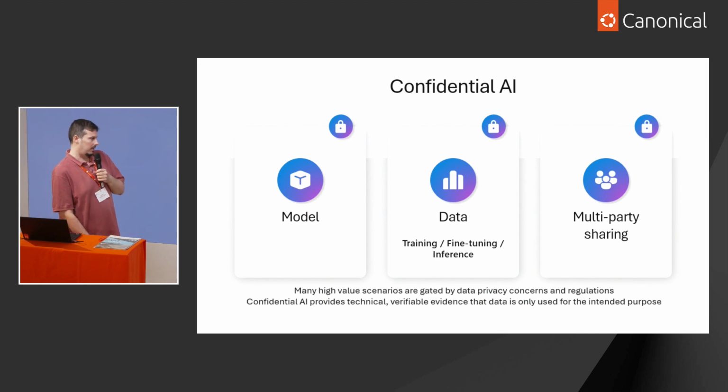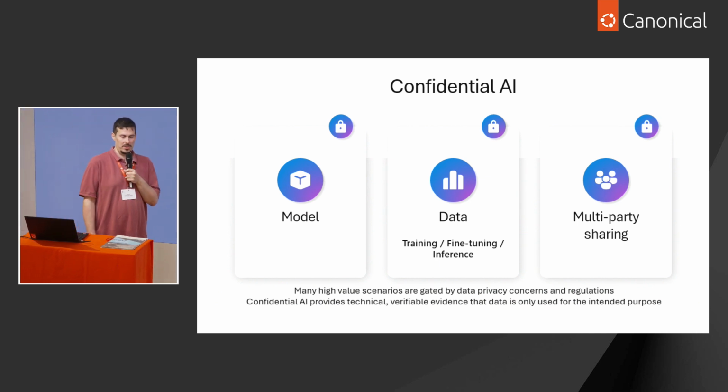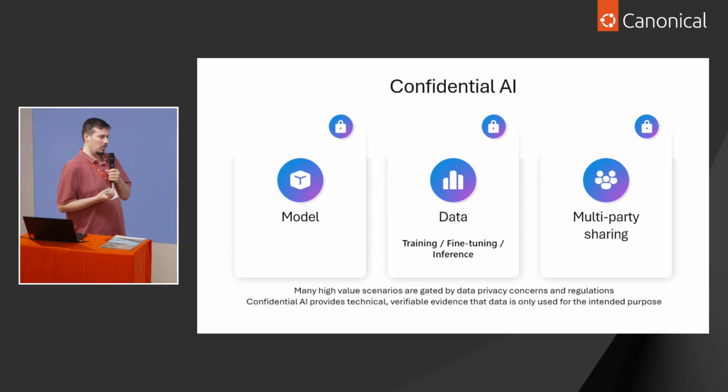And lastly, multi-party sharing. That's also an exciting use case because that's something that is enabled by confidential computing and that is not possible to do otherwise. So if you want to train a model, but you don't have enough data and you need to work together sometimes with your competitors or with your partners to be able to train that model, the difficulty is that you don't want to actually give your corporate secret data sets to the other parties in order to train that model.